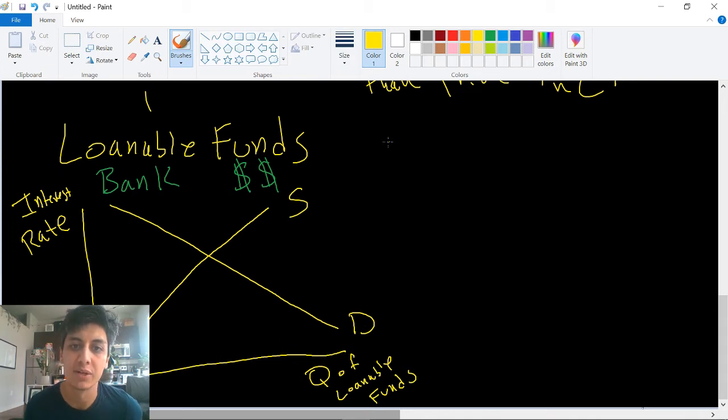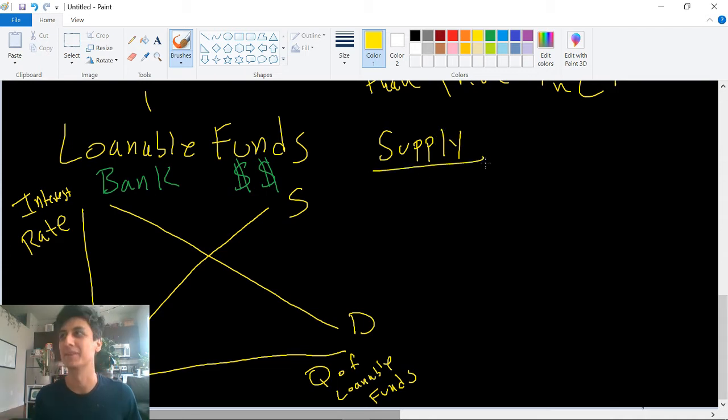And for supply, here's kind of banking 101. Where do banks get their money from? Well, usually or typically it's from people or firms, right? So if you put your money in the bank, you are contributing to the supply.